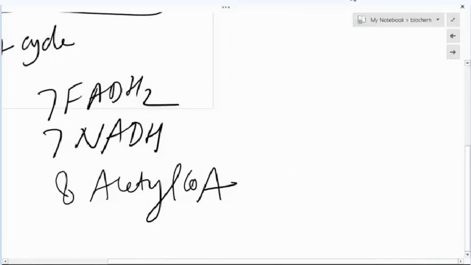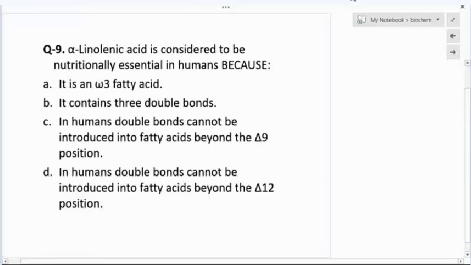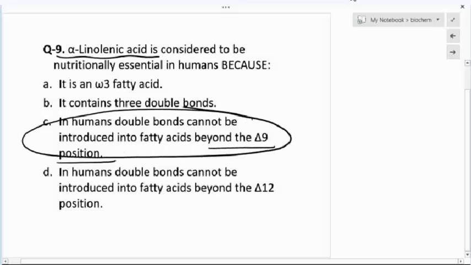Now coming to the next question, and the question is asking you about essential fatty acid. Alpha linolenic acid is the essential fatty acid in human. What is the reason? The reason is that beyond delta 9 position, the human cell cannot introduce the double bond. We have desaturase enzyme which can introduce a double bond at various positions in the fatty acid chain, but only till delta 9 position, not beyond that.